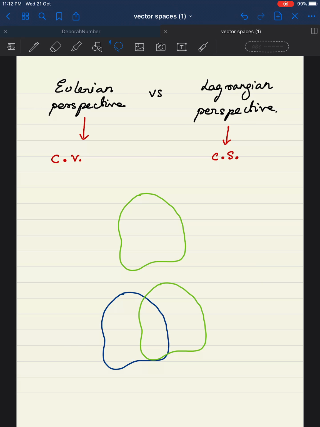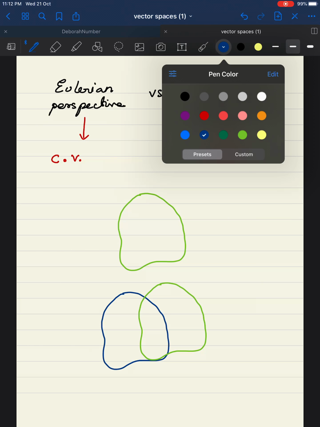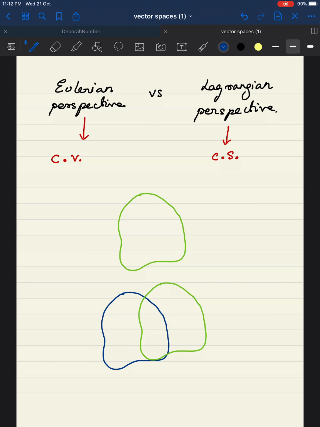Okay, so let us say that at time t I have a control volume drawn in blue here, and I have the system of particles.